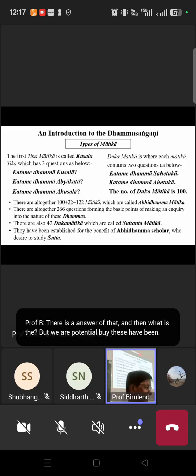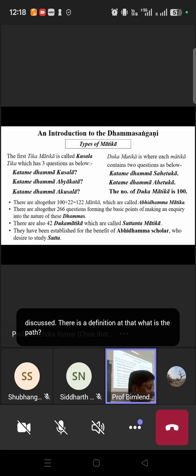There is a definition of what is the Pathavi: Kakhalam, Kakhalabhavo ti Pathavi. That Pathavi has the characteristic of hardness. So Pathavi, Apo, Tejo, Vayo, and then all the 23 types of Upadarup, they have been discussed under the Rupakanda.